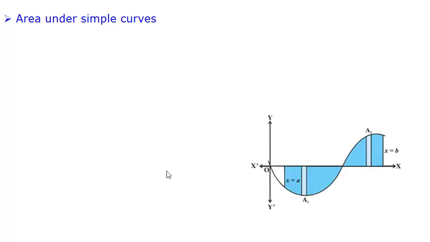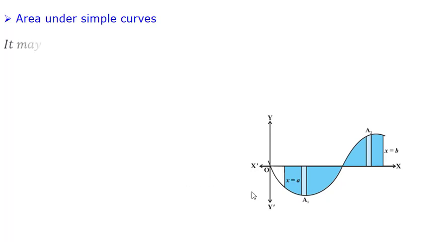So while you are calculating area, it is essential to draw the graph to understand what portion is above the x-axis, what portion is below the x-axis, what is towards the right and what is towards the left. Now here in this diagram you can see that some of the portion is below the x-axis and some is above the x-axis.